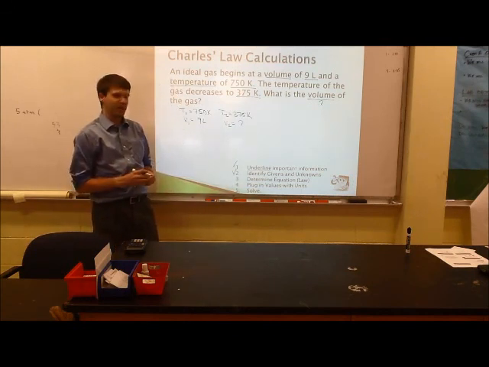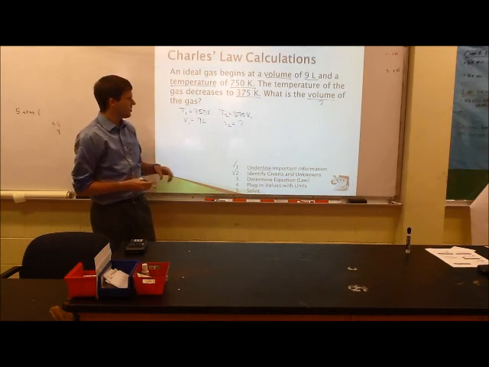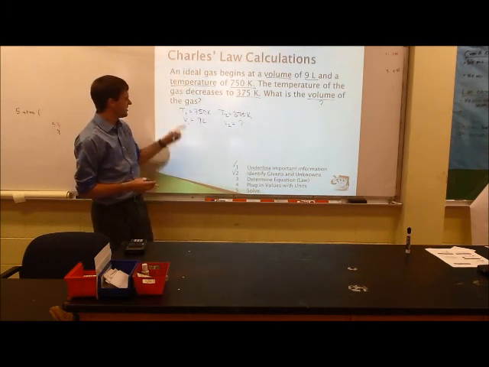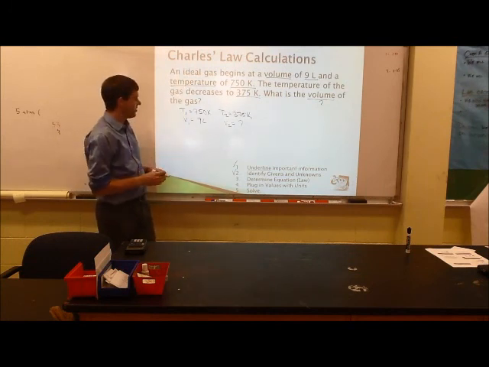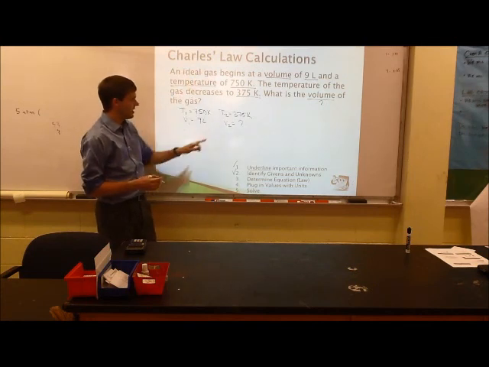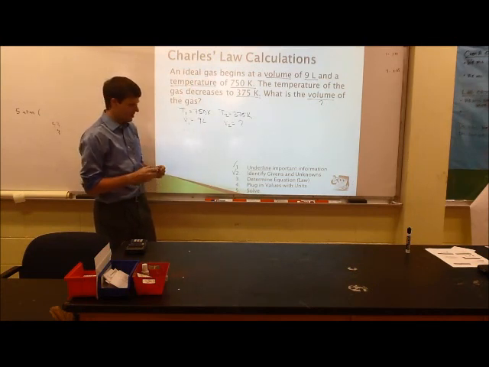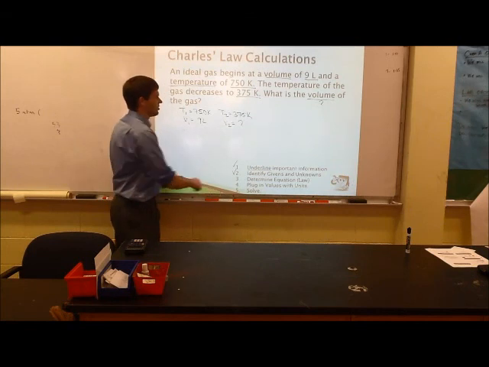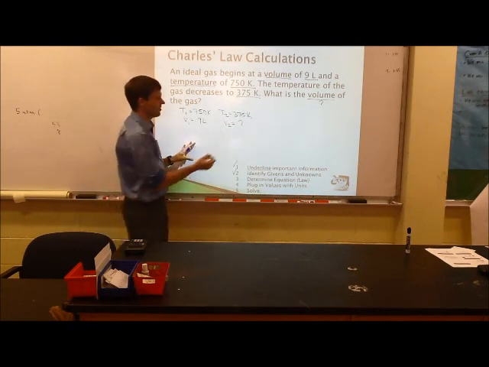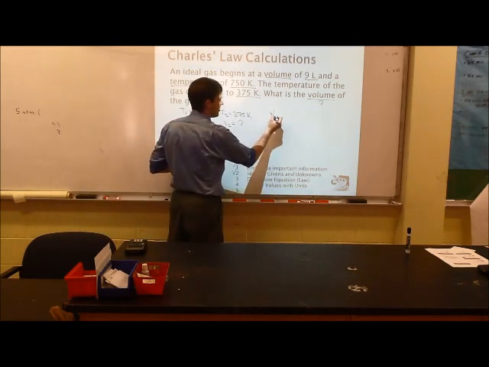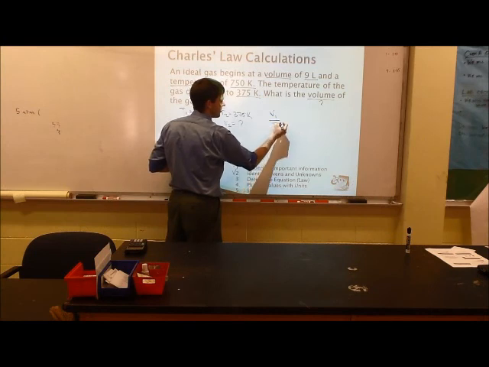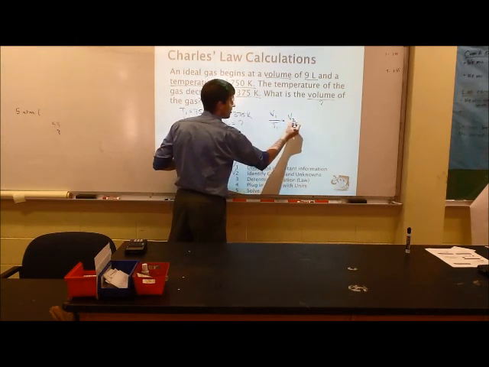Now we need to determine the equation or law to use. Remembering that Charles brings the TV to the party, we're going to use Charles's law in this example. Charles's law is V1 over T1 equals V2 over T2.